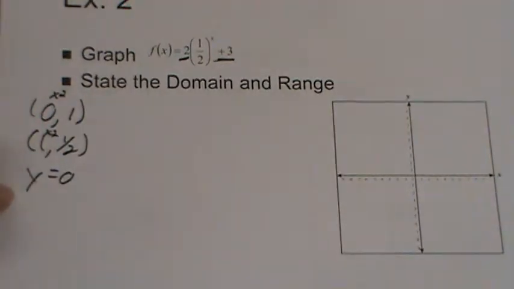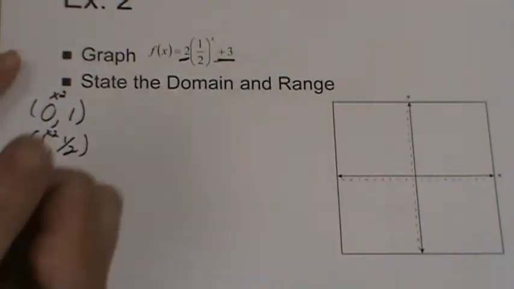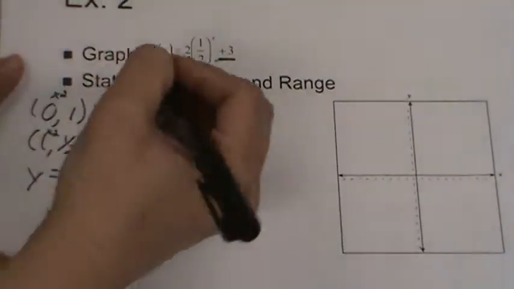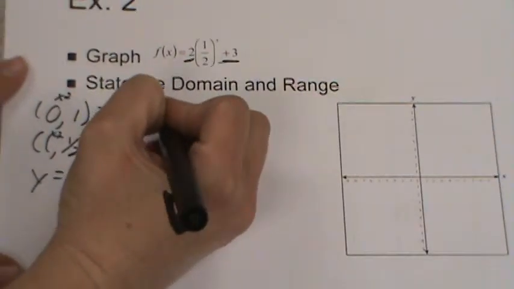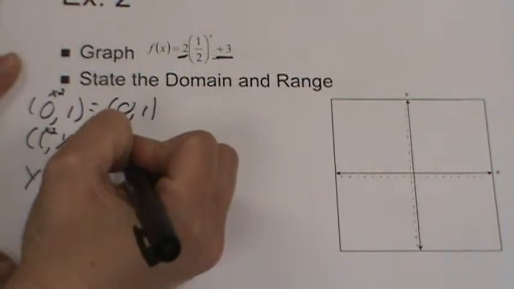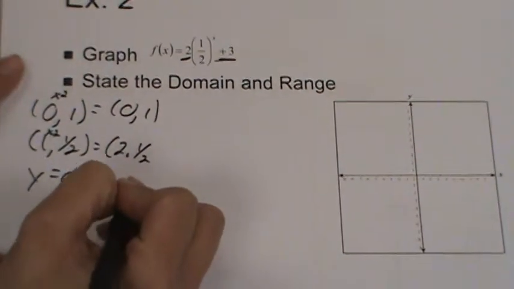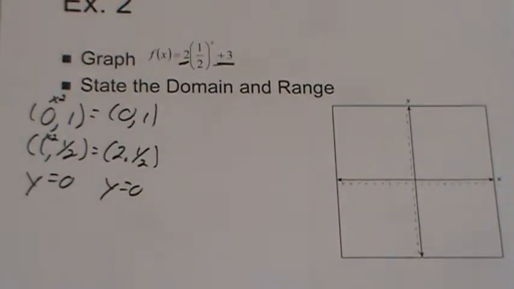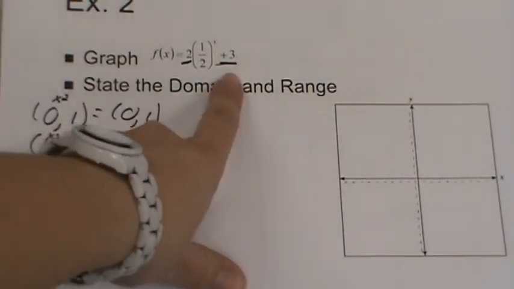And since that's y equals 0, I do not multiply that by 2. So my new coordinates turn into 0, 2, and 1, 1, and I still have y equals 0 as my asymptote.